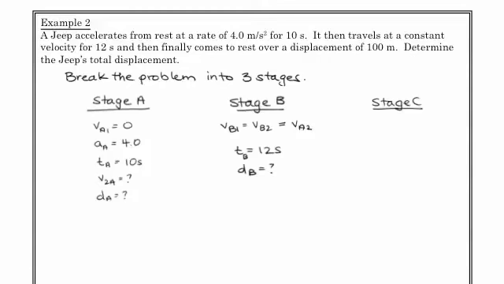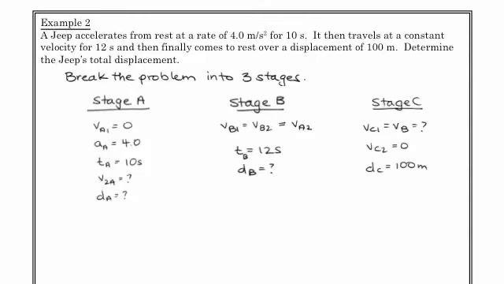And that's of course what's noted here: the velocity at the end of Stage B is equal to the velocity at the beginning of Stage B, which is actually equal to the velocity at the end of Stage A. And of course the time for this stage is 12 seconds.